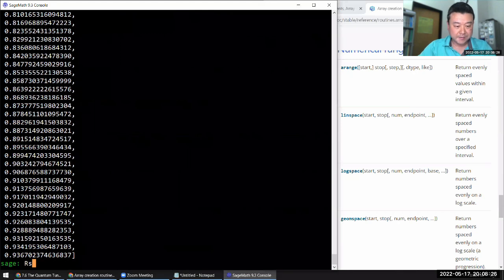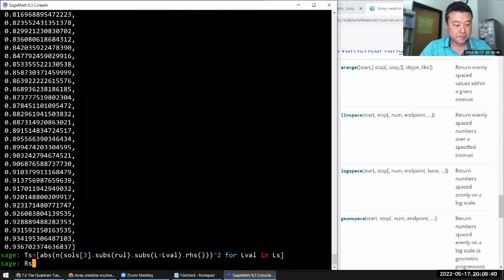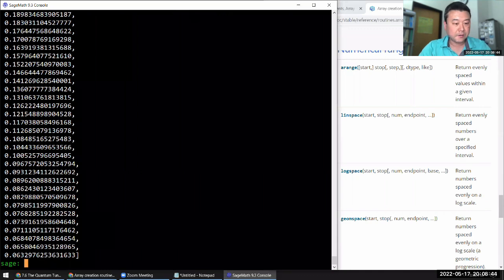Let me do the exact same thing, except it's now transmission probability using the F values. And I think the rest will work out fine. So these are reflection probability values and transmission probability values.